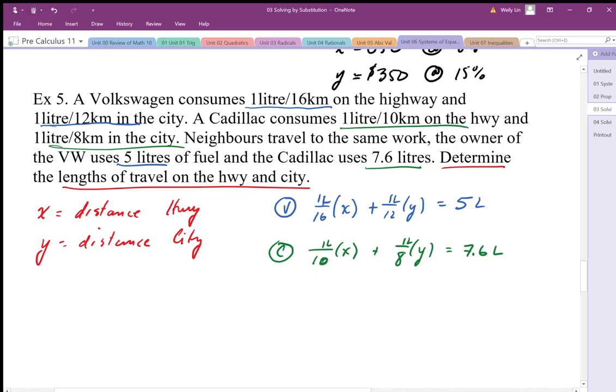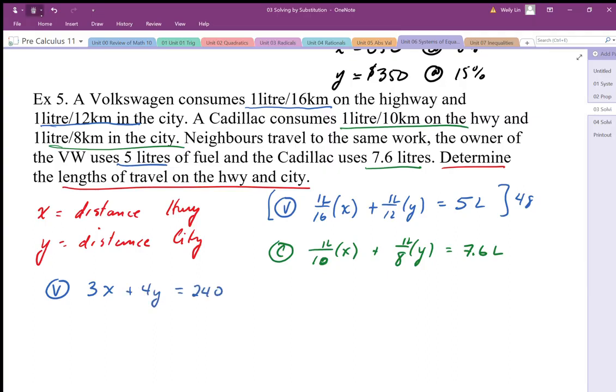This is not the nicest looking equation, so I'm going to rewrite it. For the Volkswagen, I'm going to multiply everything by the lowest common denominator, which looks like 48, to get rid of the division. I end up with 3x plus 4y equals 5 times 48, which is 240.